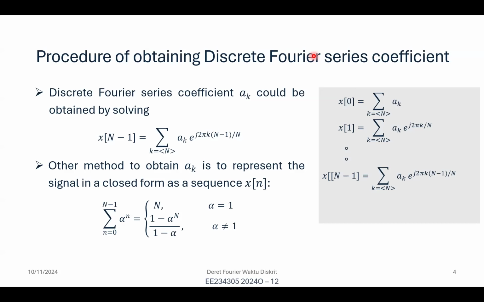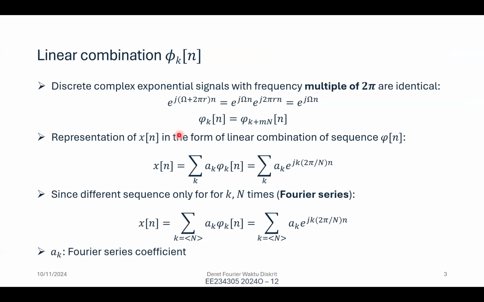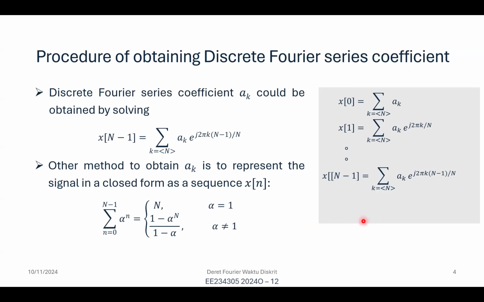So now, after we obtain the sequence of the signal x[n], which consists of the multiplication between a_k and the complex exponential value, we can get the discrete Fourier series coefficient a_k, which can be obtained by solving this.